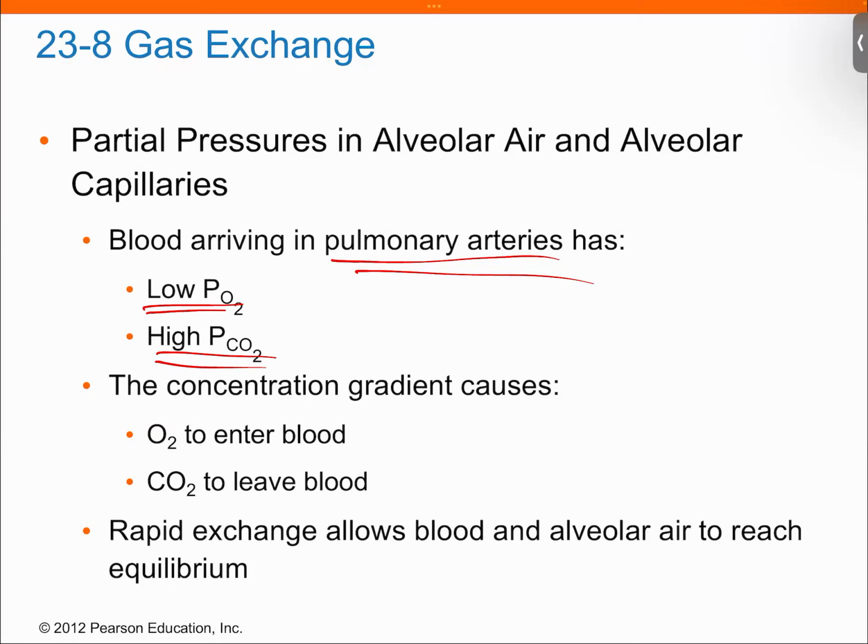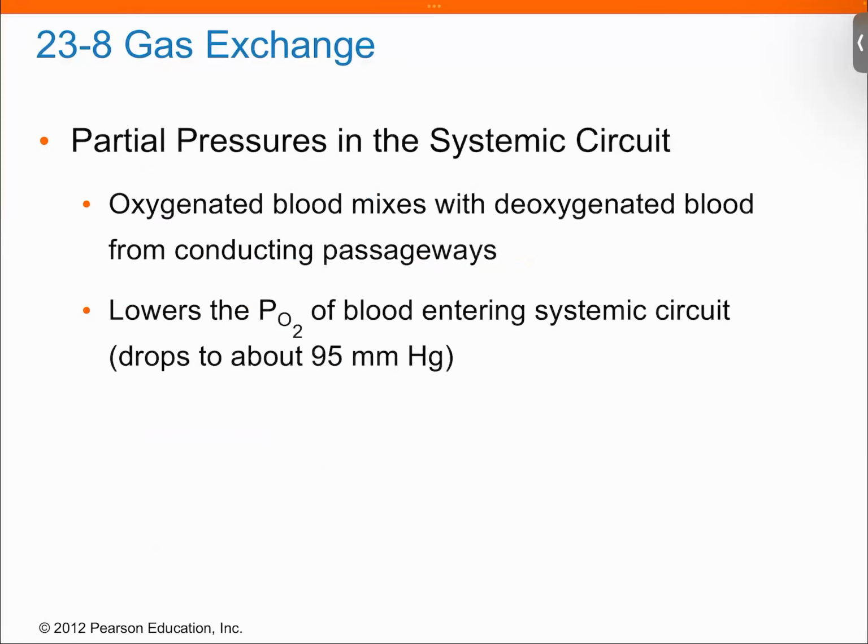And then as they go through the system, the concentration gradient causes the oxygen to move into the blood from the alveoli and the CO2 to leave the blood and go into the alveoli so that you can breathe it out. So you get exchange of oxygen and CO2, essentially a recharging or an oxygenation of the blood, and then a scrubbing, if you will, of the CO2. So it loses its CO2 and it picks up oxygen.